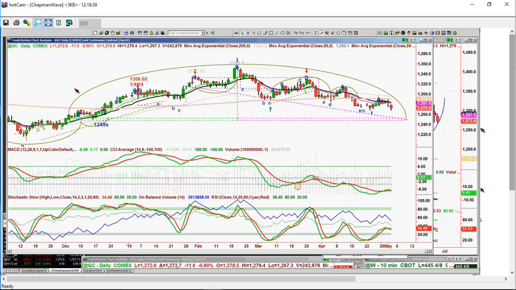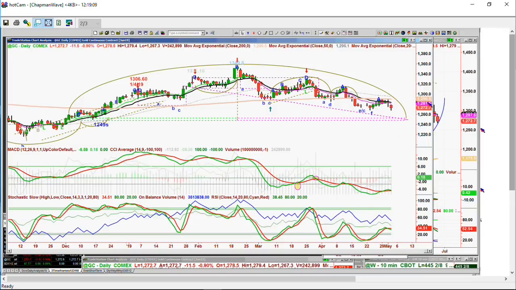1249. Yeah, 1249 low of this, the week of December the 14th, 2018. If gold takes out today's low of 1267.3, today's Thursday, right?